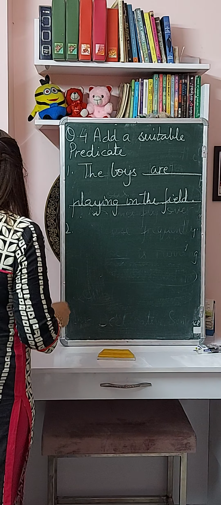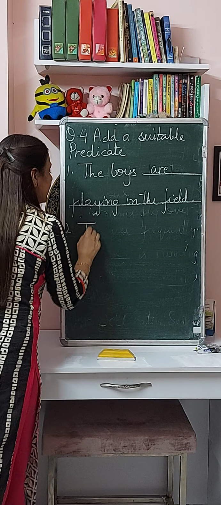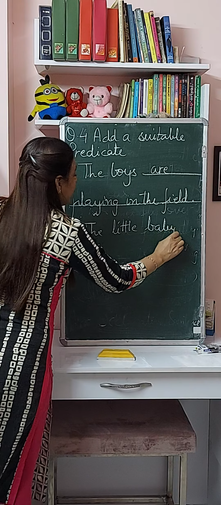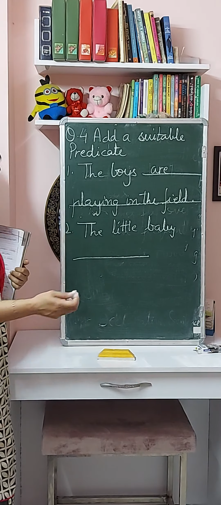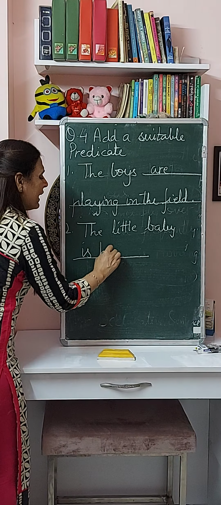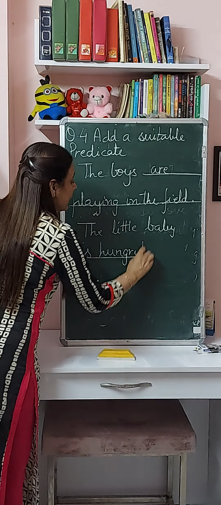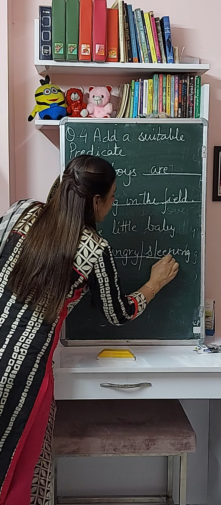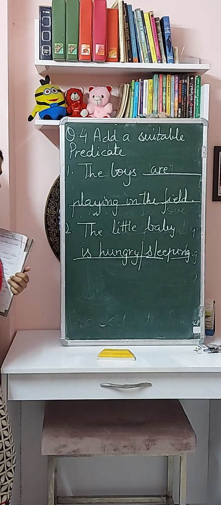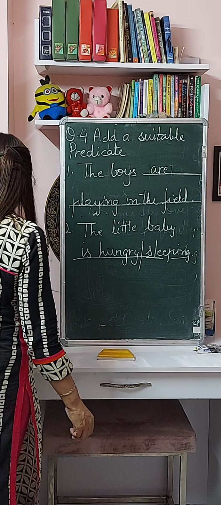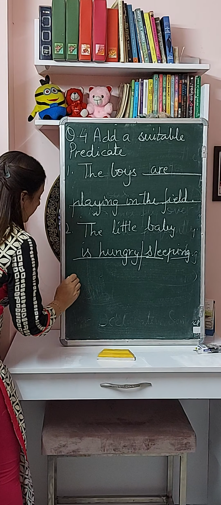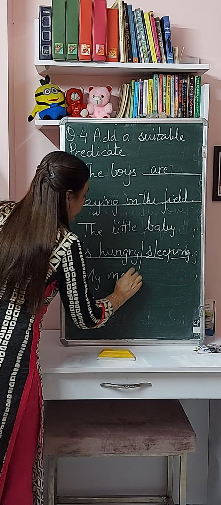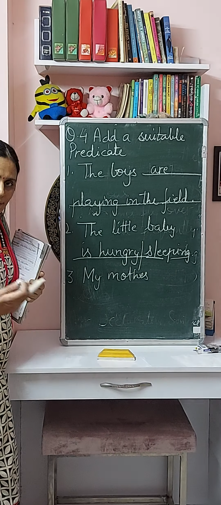Next. Second sentence you can say, the little baby is sleeping, is hungry. Anything you want to write. Is hungry or is sleeping or is playing. Anything you can write as a predicate. Alright. Then one more we can do. My mother loves me.